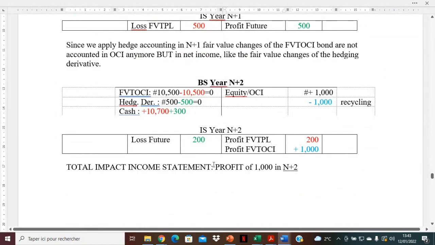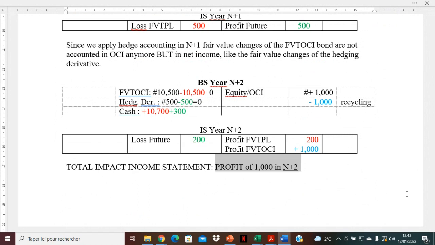So the final impact on the income statements is a profit, but only in year N plus 2. So basically the difference between case A and case B is in which period my profit falls. In case A, the profit was in year N. Here in case B, the profit is in year N plus 2. That's the difference between those two cases.